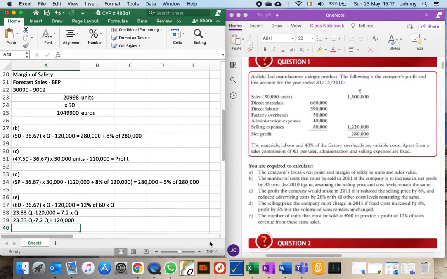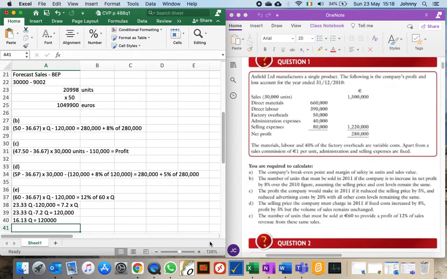So 23.33 minus 7.2 is, 7 from 23 is 16, so 16.13 Q equals 120. Q equals 120 divided by 16.13. Now that's going to give me an answer.